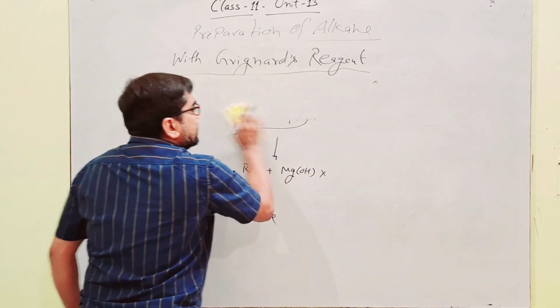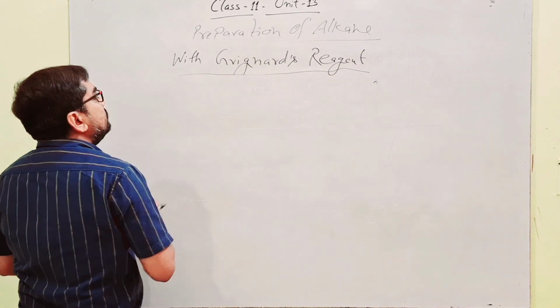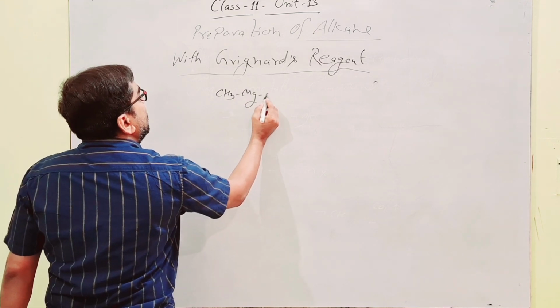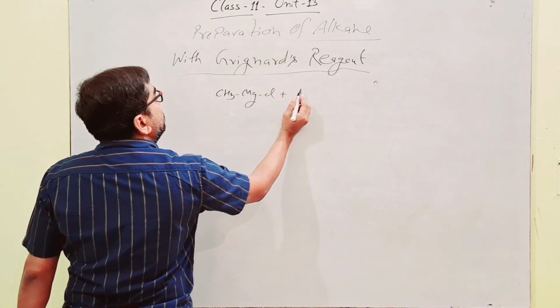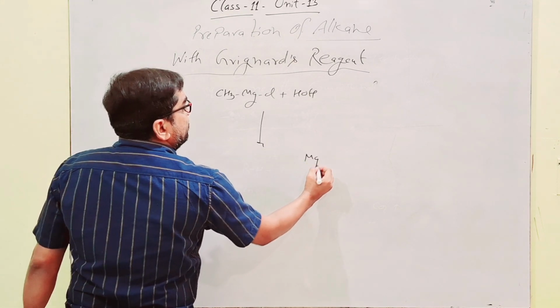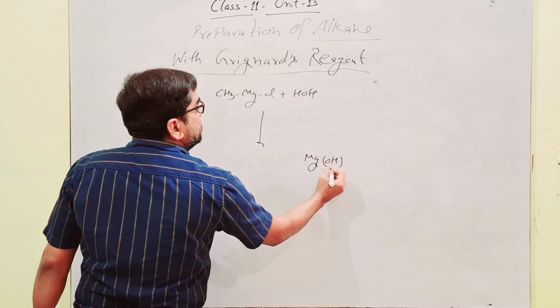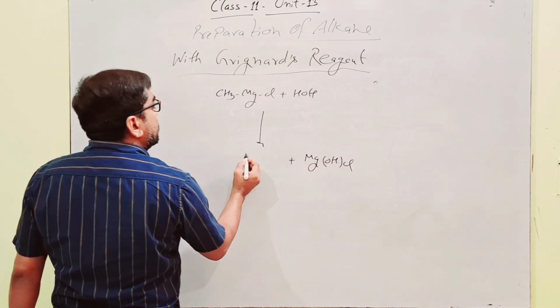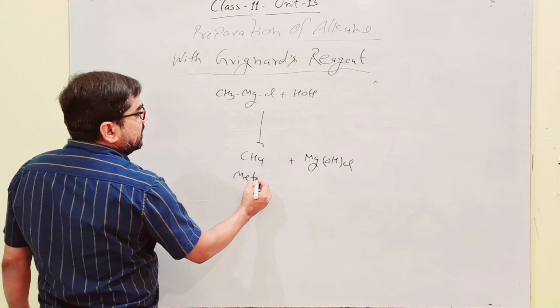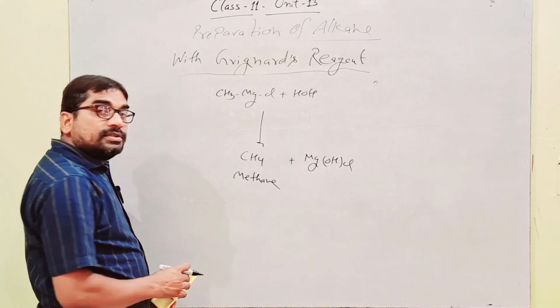Taking one real example, methyl magnesium chloride. Under hydrolysis, there is elimination of MgOHCl as a byproduct and formation of methane. Methane is formed.